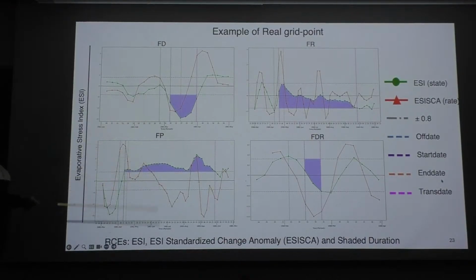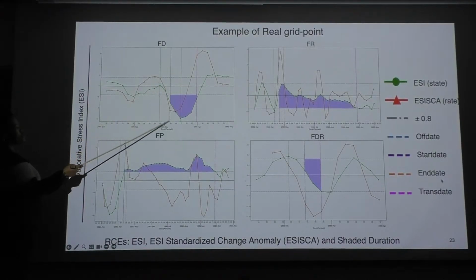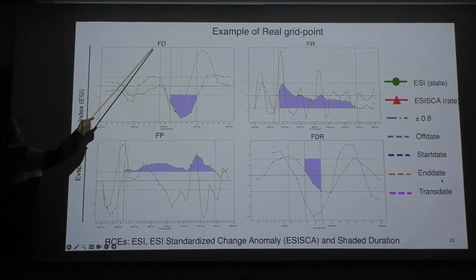If it was 8, then our time scale prior to the onset of the event will be 8. And this line shows the onset of our event. So this is for flash drought.